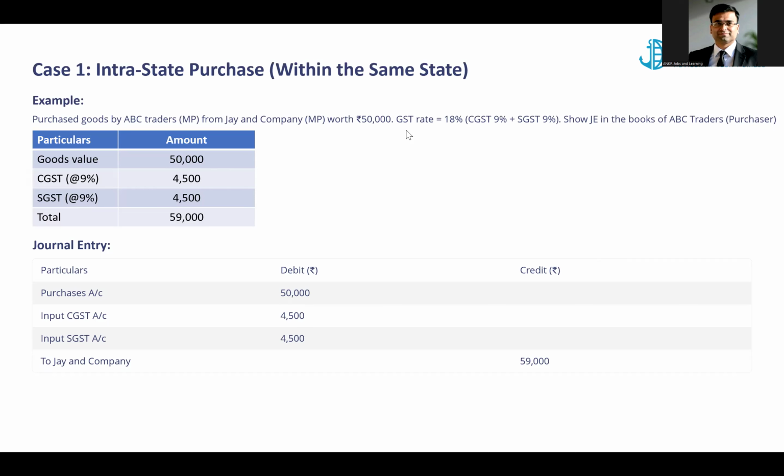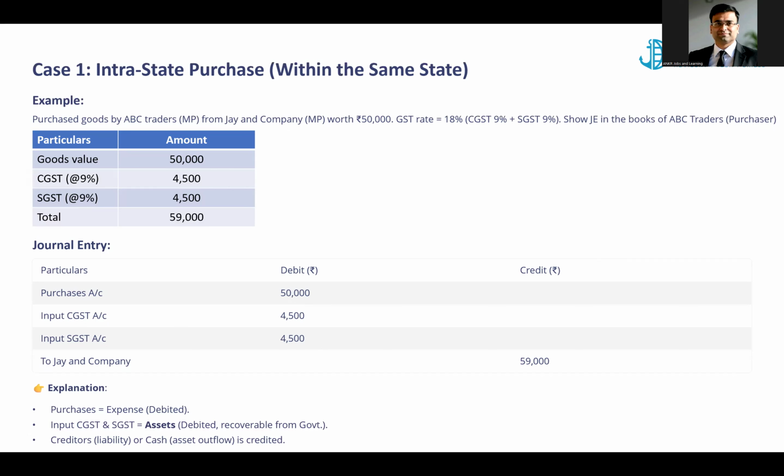And since it is not mentioned that you have paid the cash, you will create a creditor, J and Company 59,000. So how much money you have to pay to J and Company is 59,000, which will be for purchase of goods 50,000, CGST and SGST which you have paid 4,500 each.